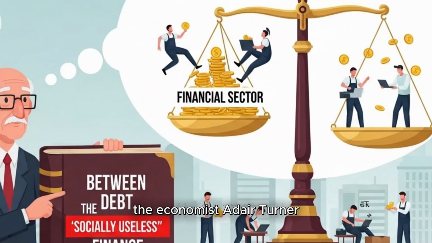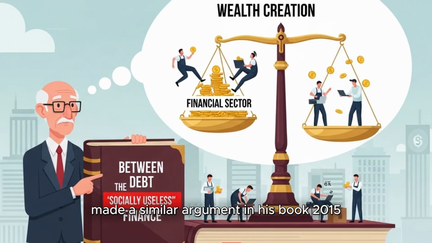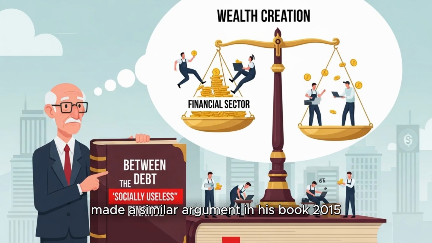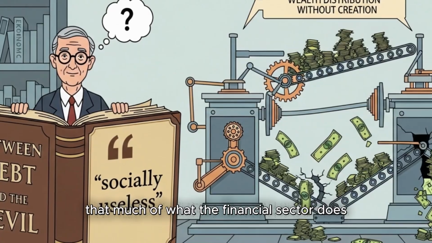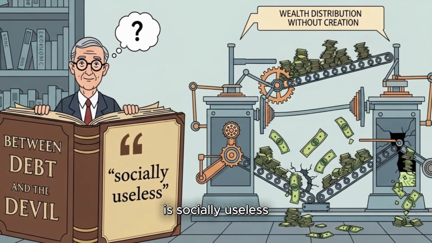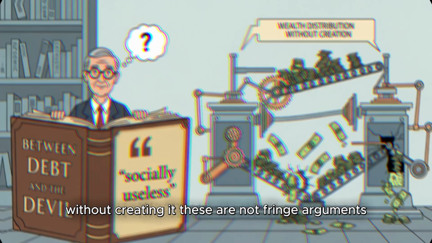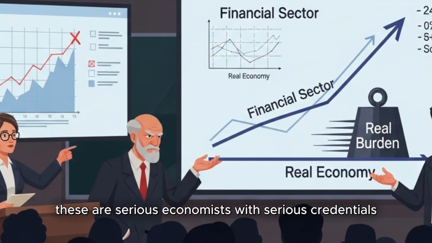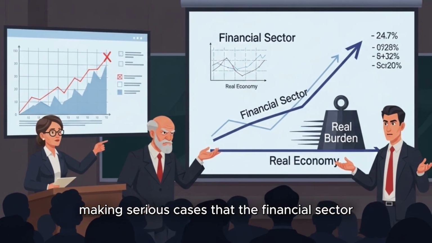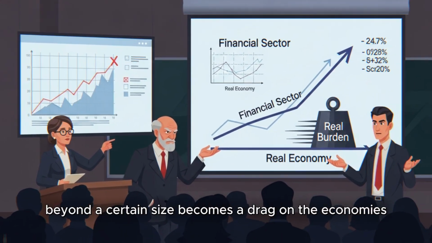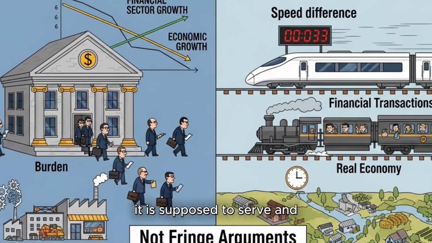The economist Adair Turner, former chairman of the UK Financial Services Authority, made a similar argument in his 2015 book, Between Debt and the Devil, that much of what the financial sector does is socially useless in the sense that it redistributes wealth without creating it. These are not fringe arguments. These are serious economists with serious credentials making serious cases that the financial sector beyond a certain size becomes a drag on the economies it is supposed to serve.